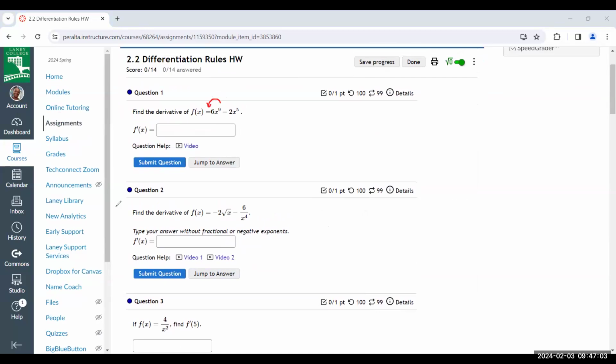So for the 6x to the 9th part, I'm going to say f prime of x equals, so this is me saying the derivative is equal to, and that 9 drops to the front. So we have 9, that will just be multiplied by the 6 that's already there. And then x to the 9 minus 1, or x to the 8th.